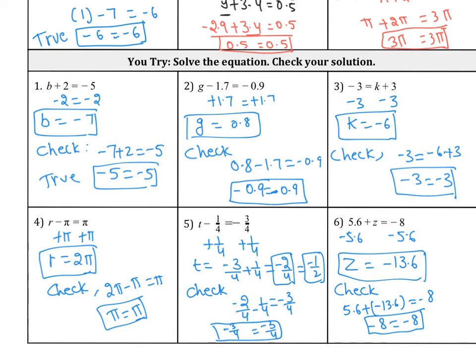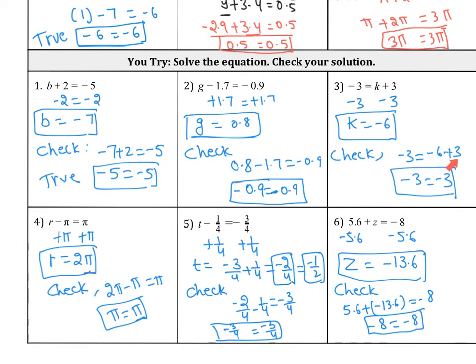So that's your answer. For number 3, you want to get the k by itself. So adding 3 on both sides. So you get -3 plus 3 would be -6. Okay, it's -6. Checking it back, you're using the original equation here. For k, you're going to plug in -6.